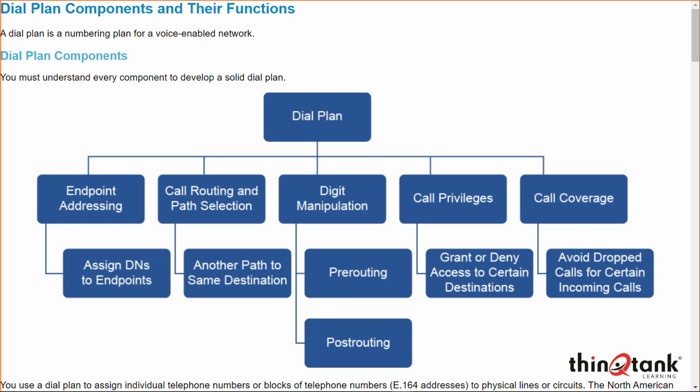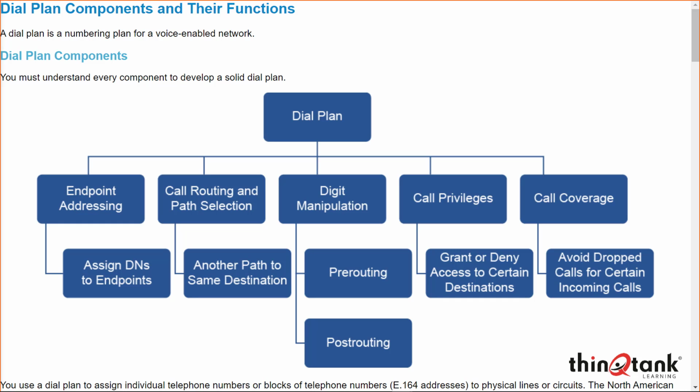Digit manipulation is important as well. How am I going to process the calls? For example, we talked about this in one of our previous lessons, being able to do number identification. ANI, automatic number identification, is the caller ID. And DNIS, dialed number identification service, is the number that we're dialing.